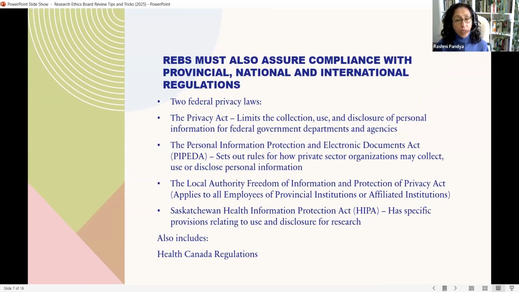Locally, provincially, this is the Local Authority Freedom of Information and Protection of Privacy Act and the Saskatchewan Health Information Protection Act. This would also include things like Health Canada regulations. So, please note that we do look at whether you'd be in compliance with all these regulations.